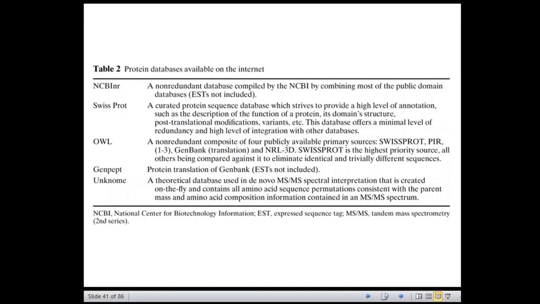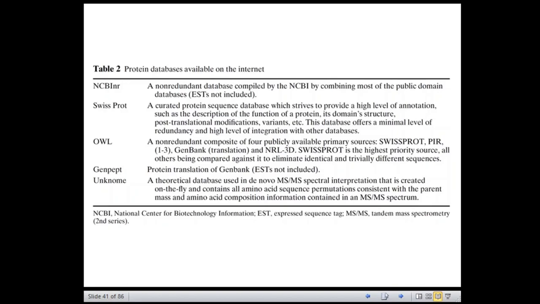Then we have the OWL database, which is again a non-redundant composite of the SwissProt, the GenBank, the PIR and the NRL 3D databases. Then we have the GenPept, which is a protein translation of the GenBank.